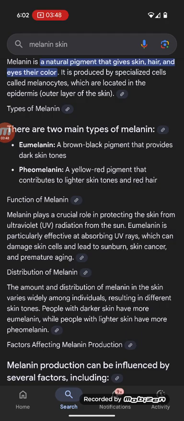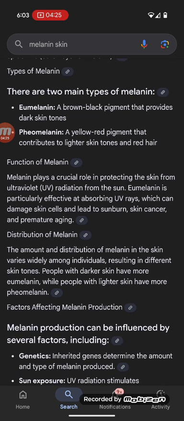So we know that anyone living in this environment would have to have a certain amount of melanin in their skin in order to protect them from this damaging radiation, or UV rays that come from the sun. It says the amount of distribution of melanin in the skin varies widely among individuals, resulting in different skin tones. People with darker skin have more eumelanin, while people with lighter skin have more pheomelanin. All right, and I'm going to leave that off there.